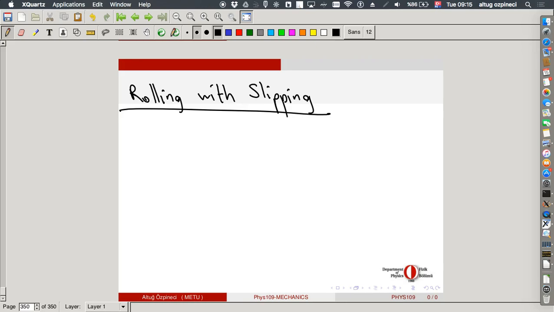So let's see how long it takes until it starts rolling without slipping. It is slipping now. It will start accelerating. As it accelerates, it slips less and less. And after some time, it will just start rolling without slipping. How far does it travel before it starts rolling without slipping?